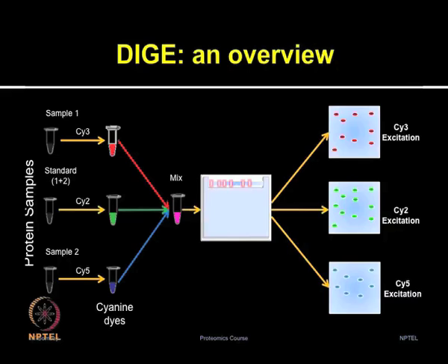That internal pool is labeled with the third dye, Cy2. Now, all these 3 protein samples are mixed together in one tube, which contains both control and treatment as well as the reference spots from the internal pool.